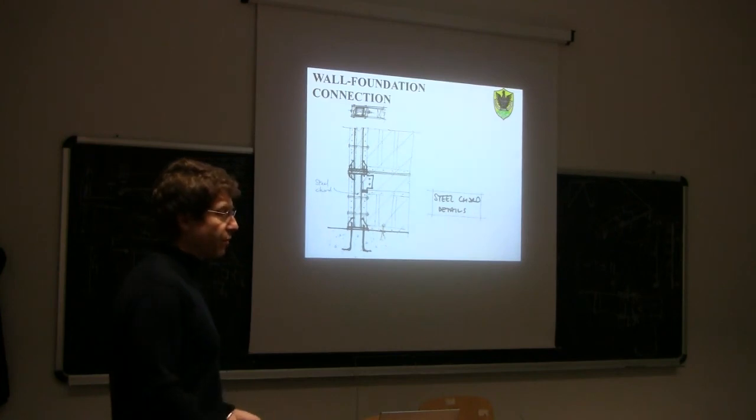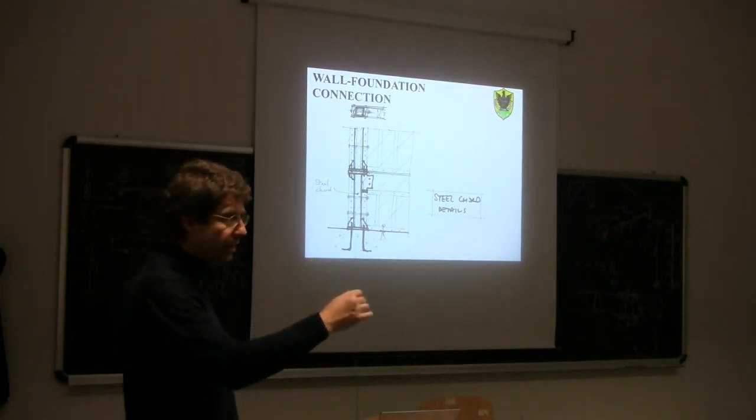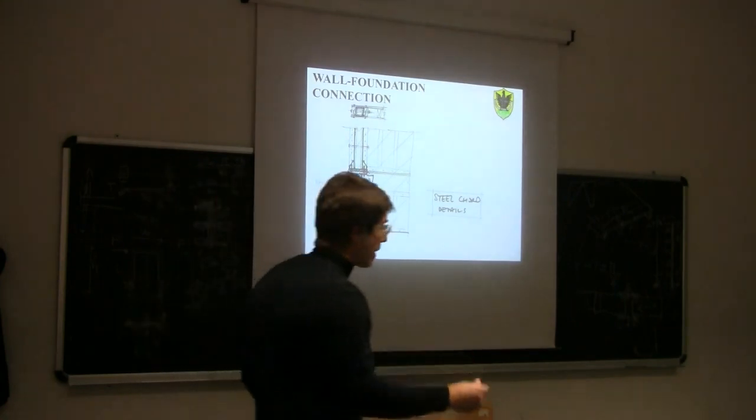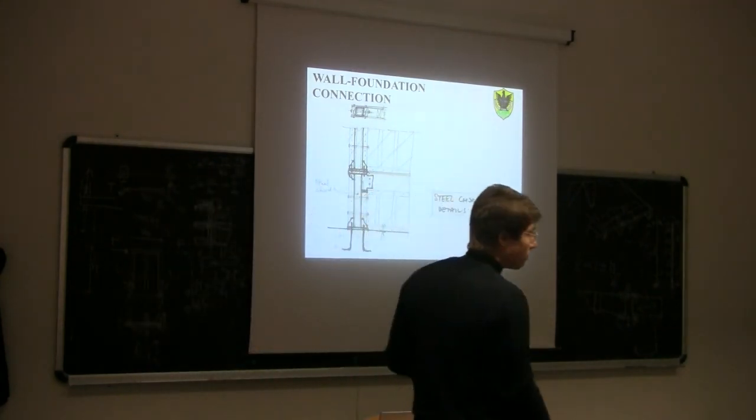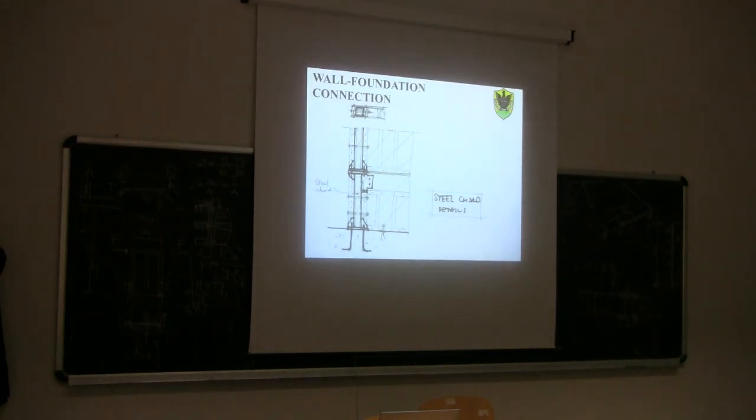So those tensile forces were very high because we are talking about a 5-6-story building in a very high seismicity area. So they couldn't use only timber to transfer the tensile force down to the foundation. They had to add, you see here, basically a tube made of steel.